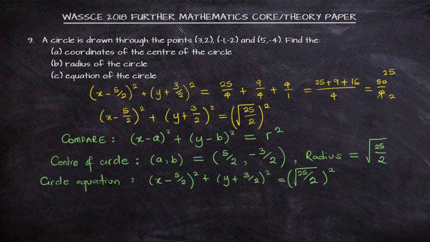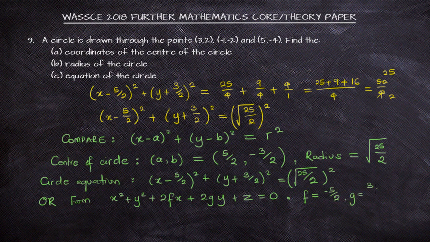But interestingly, we can go ahead to expand the bracket, then evaluate, simplify the equation, or from the general format of circle equation that we use, x squared plus y squared plus 2fx plus 2gy plus z is equal to 0, we can also substitute the values of f, g, and z. F is minus 5 over 2, G is 3 over 2, and Z is minus 4.